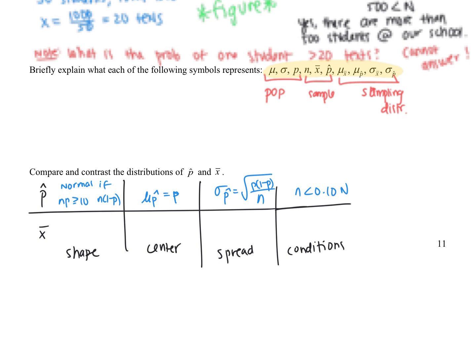For shape, for x bar rather, either the population is normal or the central limit theorem applies. The center is just the population mean. The standard deviation is standard deviation of the population over root n. And again, it's the 10% rule.